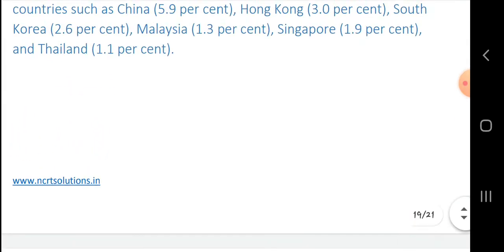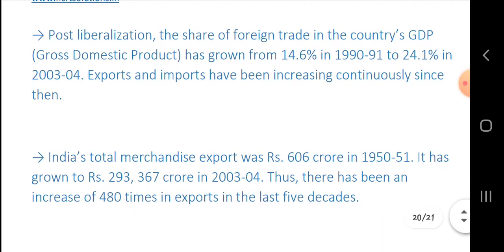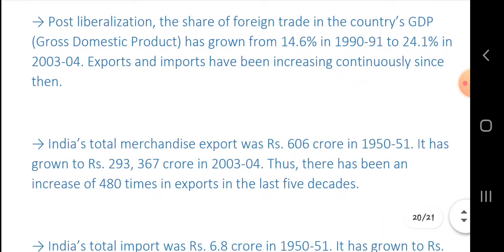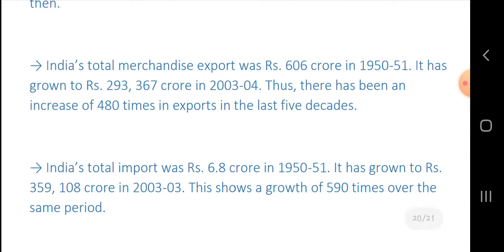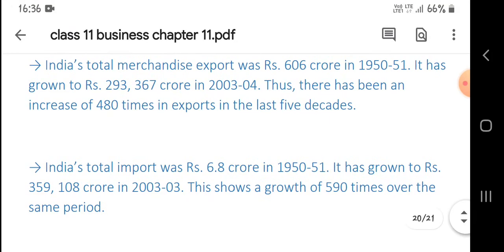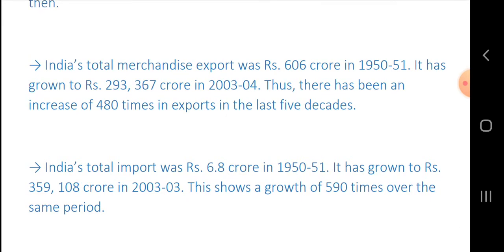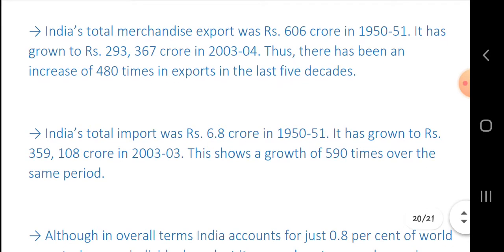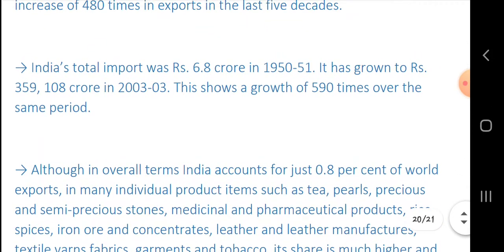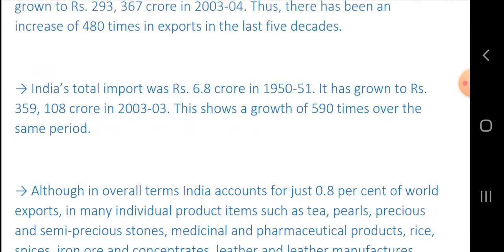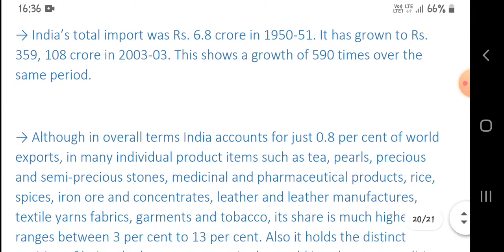Let us know about the next thing, that is, post-liberalization. The share of foreign trade in the country's GDP has grown from 14.6% in 1990 to 24.1% in 2003-2004. India's total merchandise export was rupees 606 crore in 1950-51, and it has grown to 293,367 crore in 2003-2004. India's total import was 6.8 crore, and now it has grown to 359,108 crore.